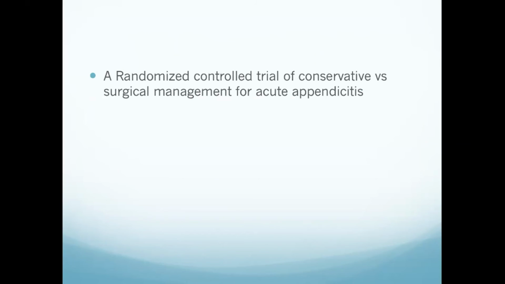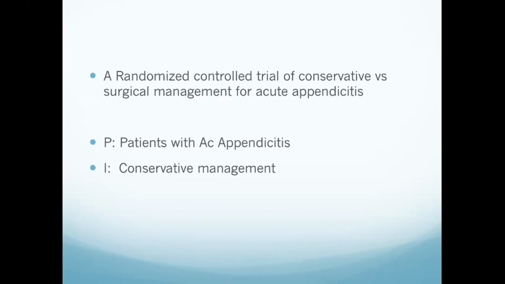Okay, so let's take an example, a randomized controlled trial of conservative versus surgical management of acute appendicitis, which we discussed earlier. The P, or the population here, is the patients with acute appendicitis. The I, or the intervention, is conservative management, because most patients will undergo surgical management, but you are doing something different. You want to try conservative management here.